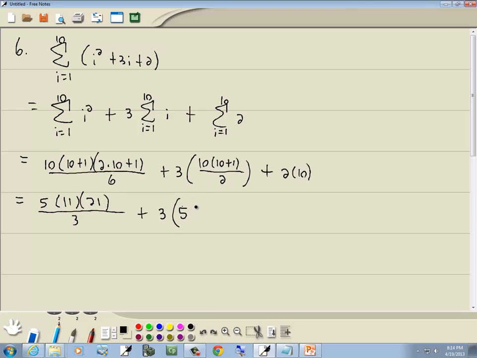Then 10 plus 1 is 11. Plus 2 times 10, which is 20. 21 divided by 3 is 7. So we got 5 times 11 times 7 plus 5 times 11 is 55 plus 20.